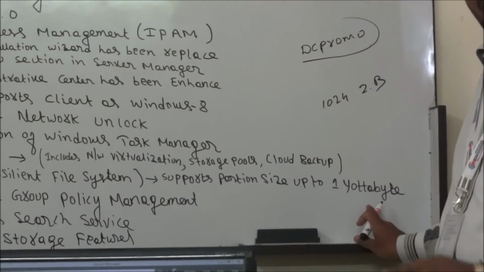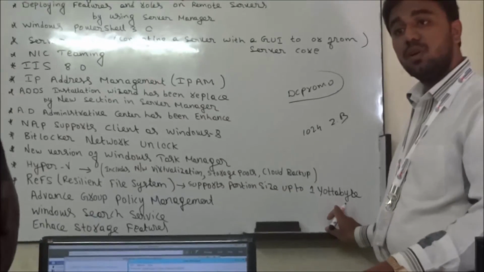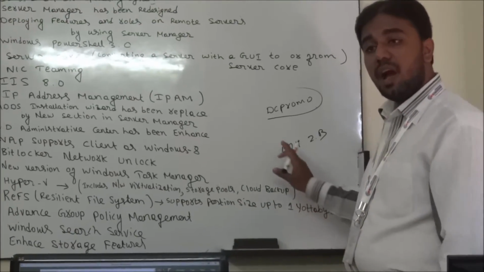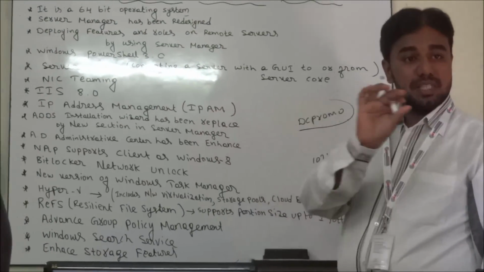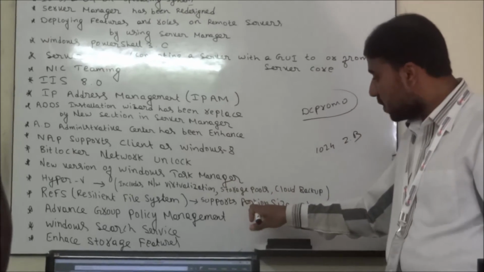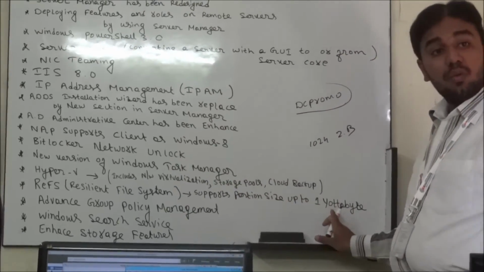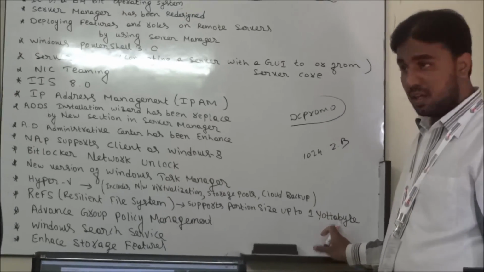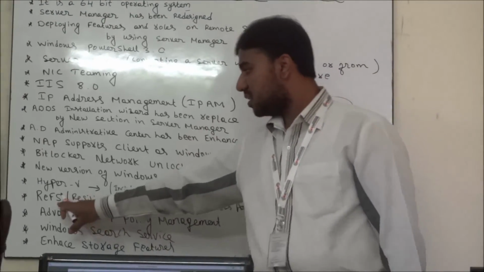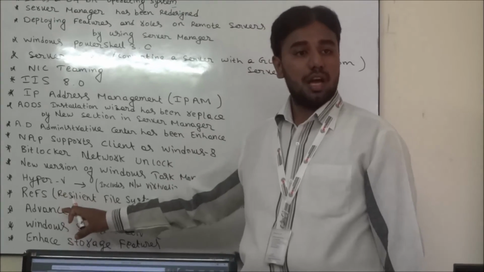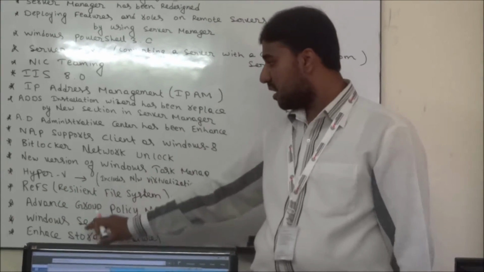Whereas in R2 you can only create a single partition of 9.4 ZB. But in Server 2012, you can create a single partition up to 1 yottabyte. Clear? That is also one of the new features, the file system. We have many more features we'll discuss in your next classes.